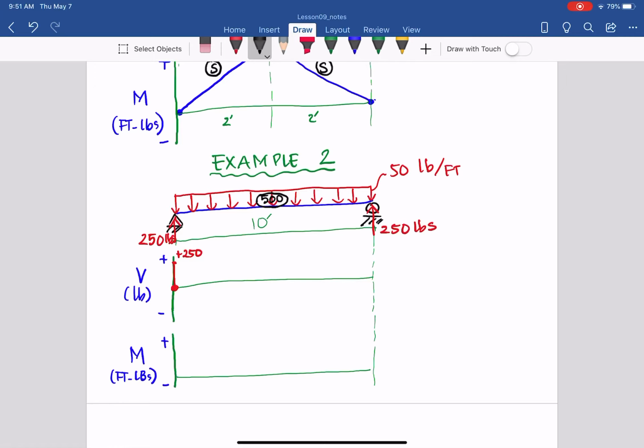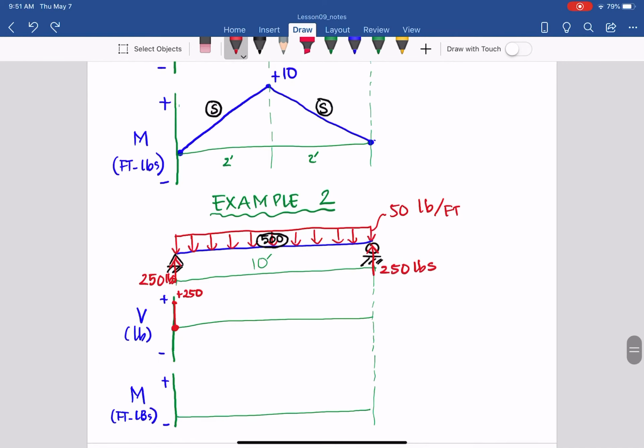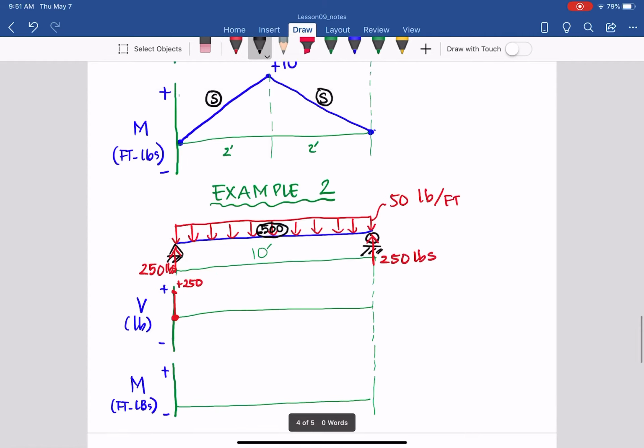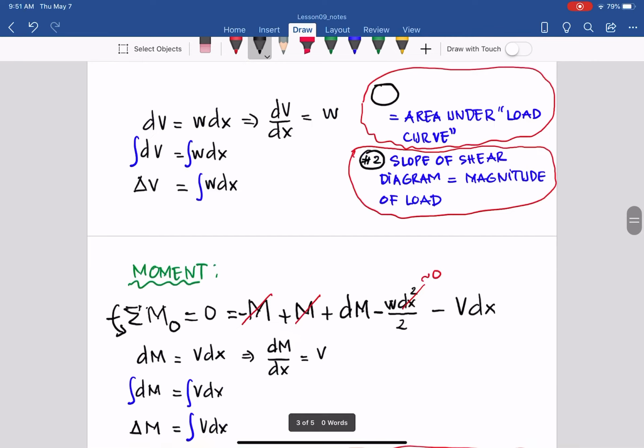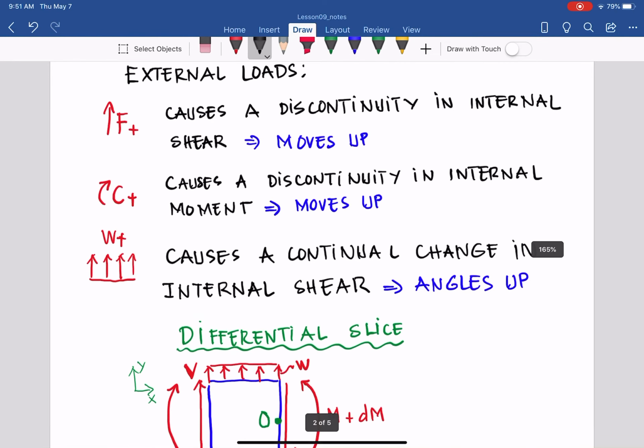So on the left it is plus 250 at that point. Then 500, and in this case the load is going down, so that 500 is negative. But positive W is moving up. And you can see here, it causes a continual change in the internal shear, angled up, right?